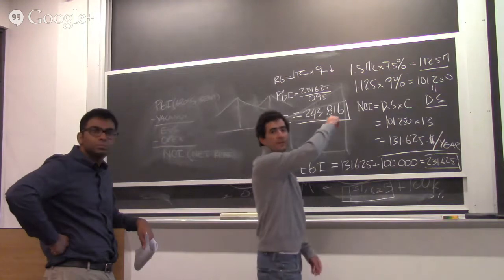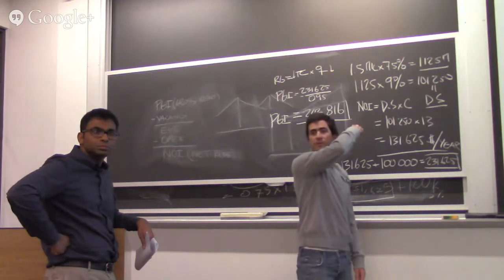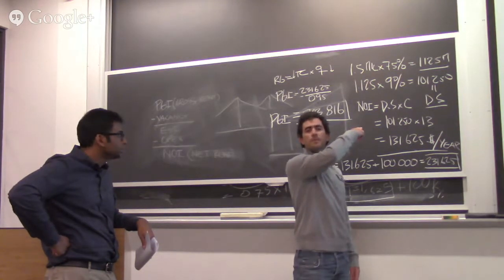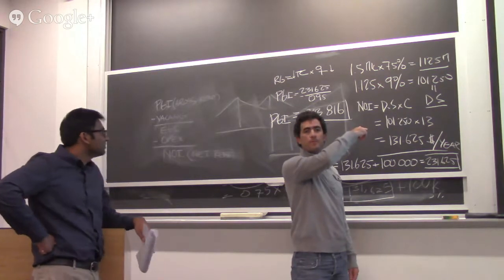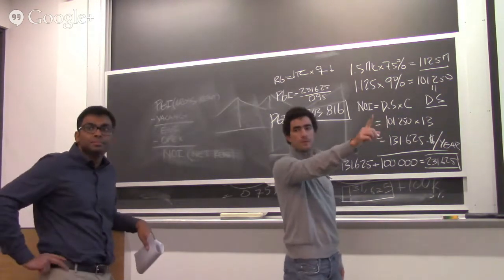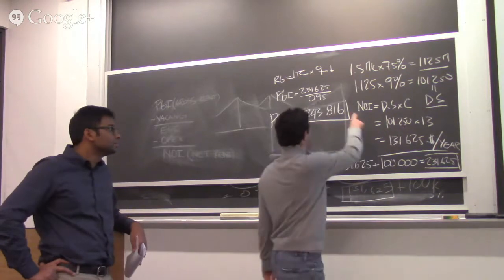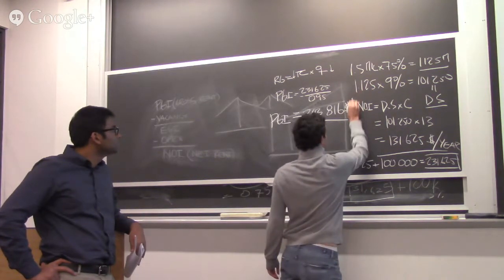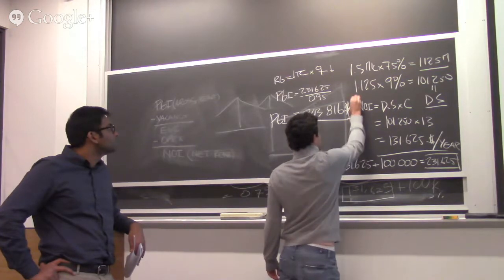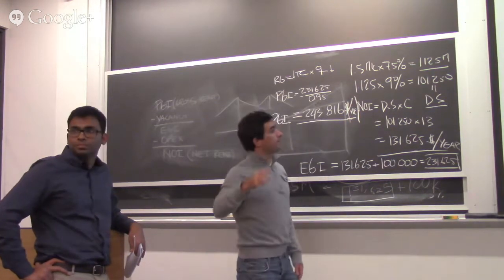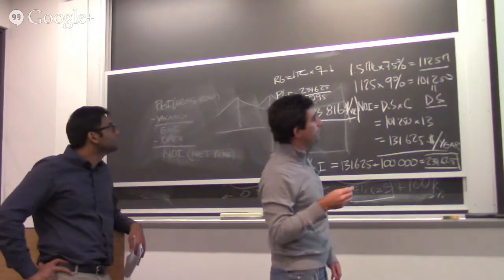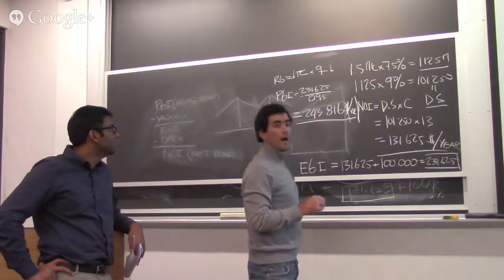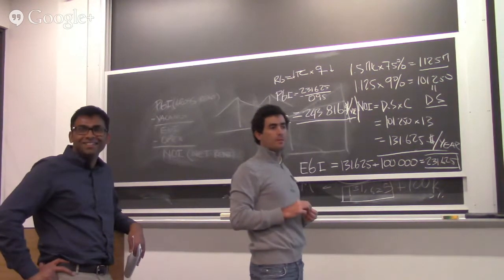What are the units for this? Just dollars per year. Okay, we're getting closer. Now how do I get to the rent? Divide by 40,000.